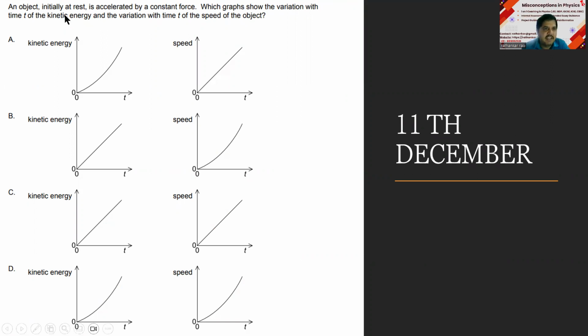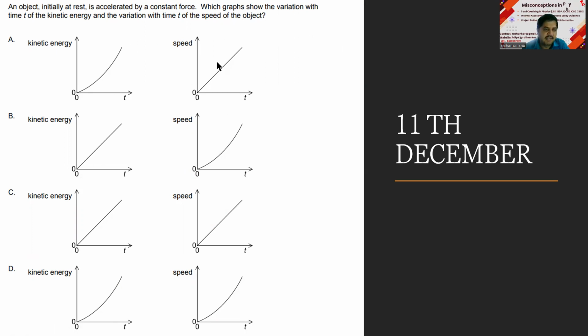An object which is initially at rest is accelerated by a constant force. The moment you know it's a constant force, what do I mean by it? It means acceleration is a constant, which also means equations of motion can be applied. Anyway, I'm just giving you a clue. Which graph shows the variation with time of the kinetic energy, and the speed time variation of the object? So he's asking you both of them.